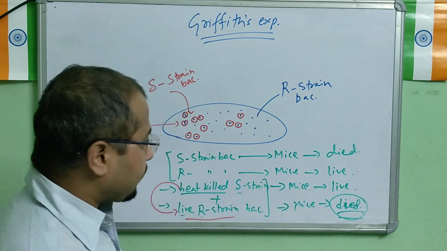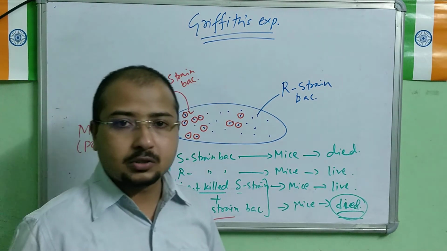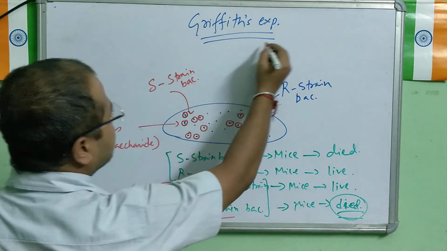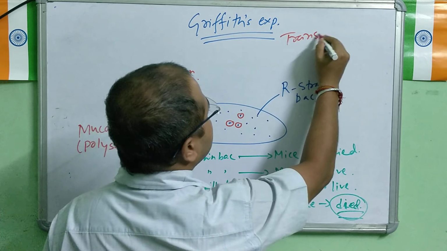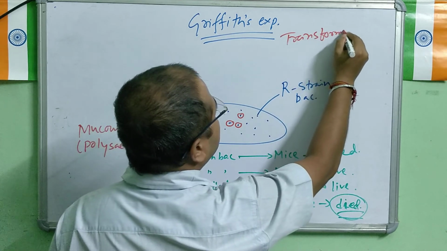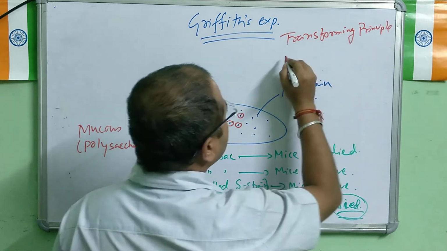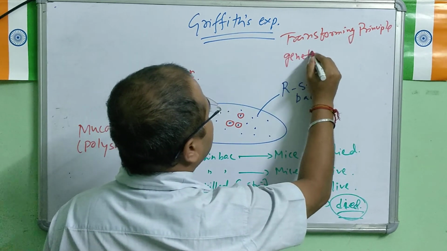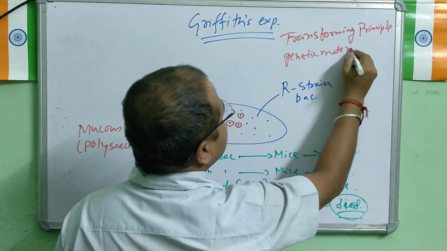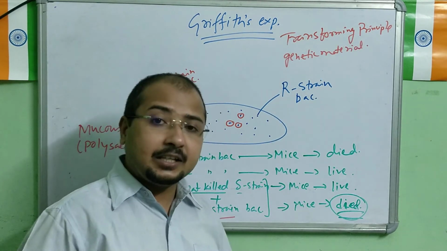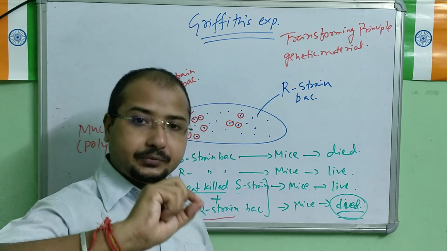Okay, so he spoke about two things: number one, the transforming principle, and also the genetic material which is transferred. But he could not say anything about what exactly that is.